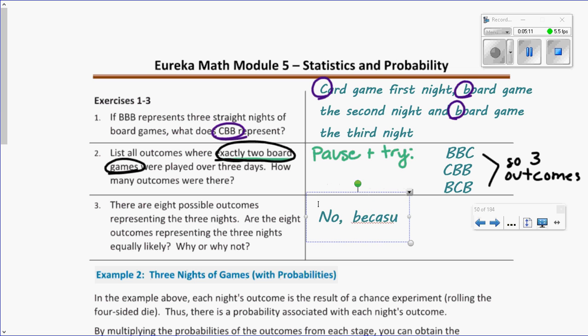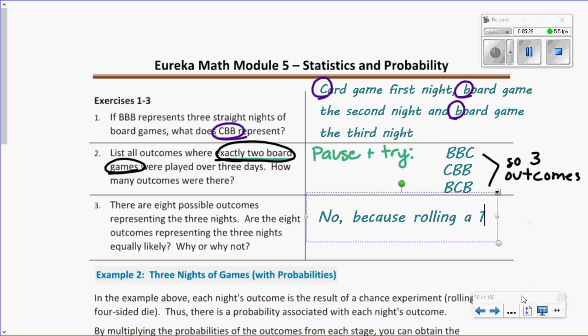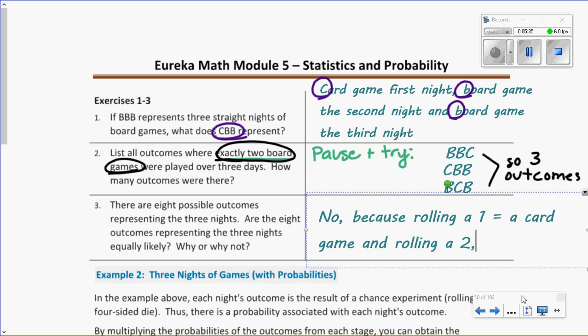No, because, and we're going to go back to this in the next part down below, rolling a 1 equals a card game, and rolling a 2, 3, or 4 equals a board game.